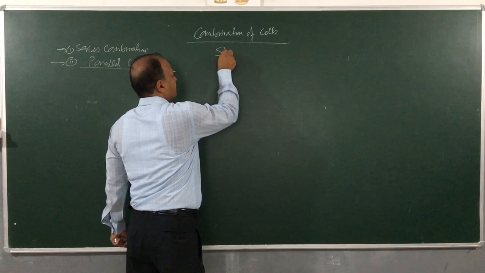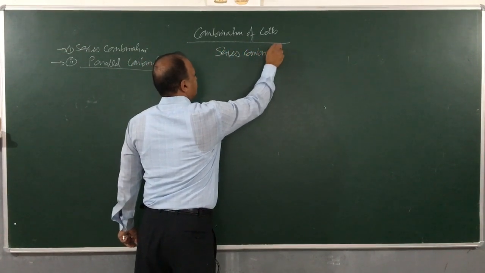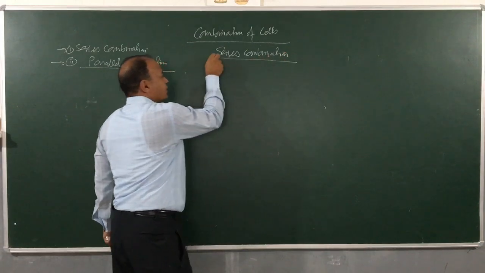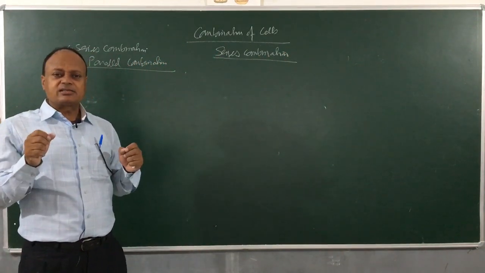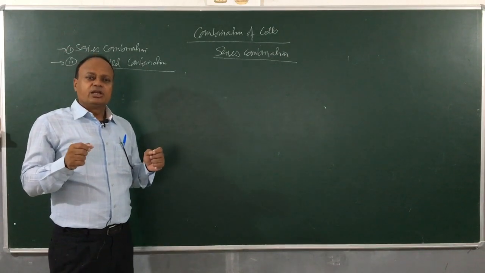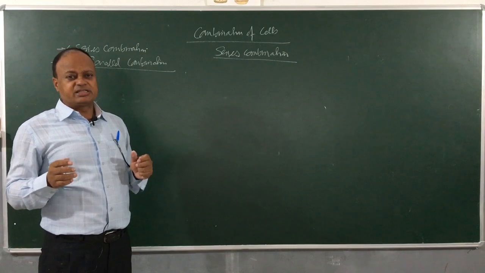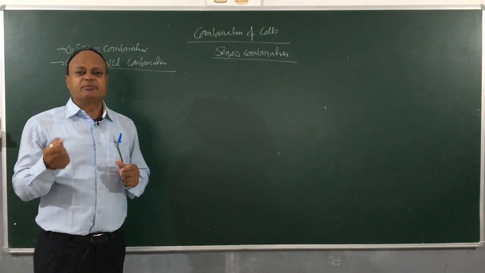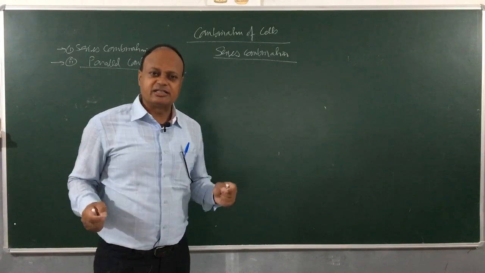Let us see, children, series combination. So in series combination of cells, we are going to see when we combine cells in series, then what will be the combined EMF of the series combination, which is called equivalent EMF, and we will also see what will be the combined internal resistance of the cell.